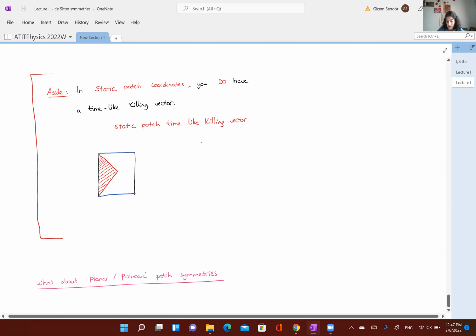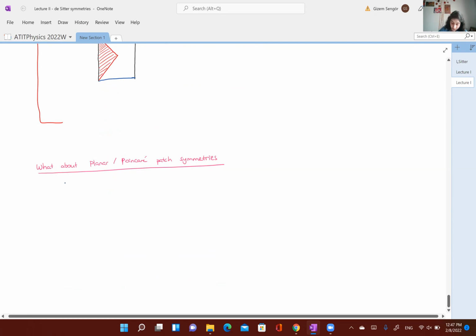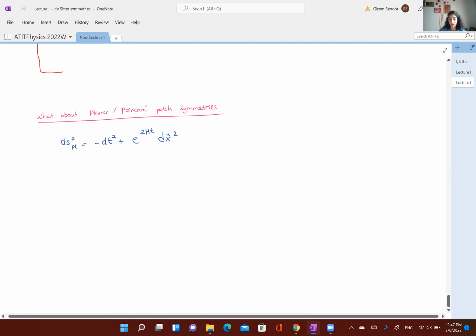And as we said yesterday, these are the coordinates for an observer living in the de Sitter era. Now to end with, because we were going to use the planar patch, Poincare patch coordinates, one thing to look at.